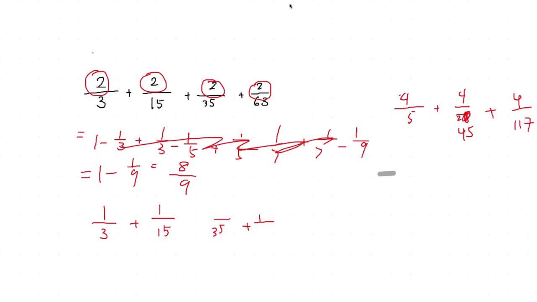Okay, this question. Grace, Zoe, and Amelia, if you want to do this one together. So 4 over 5 plus 4 over 45 plus 4 over 170.